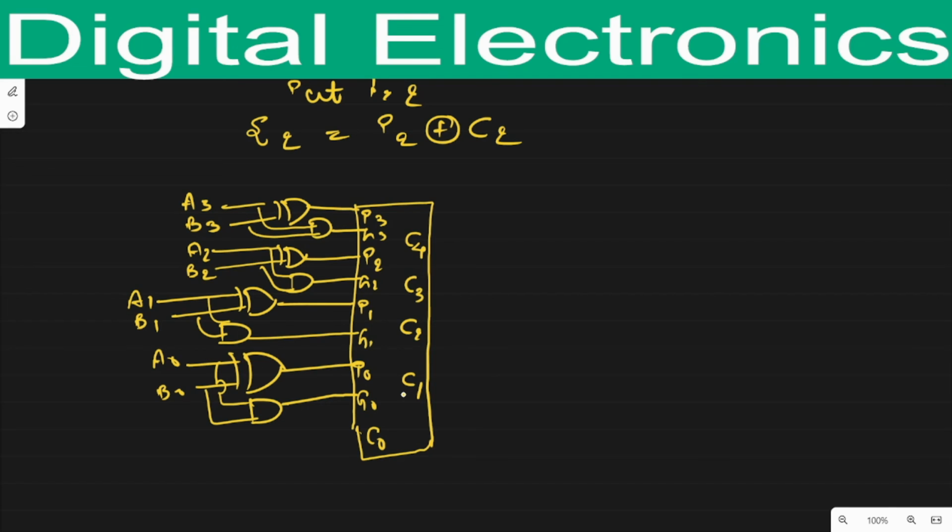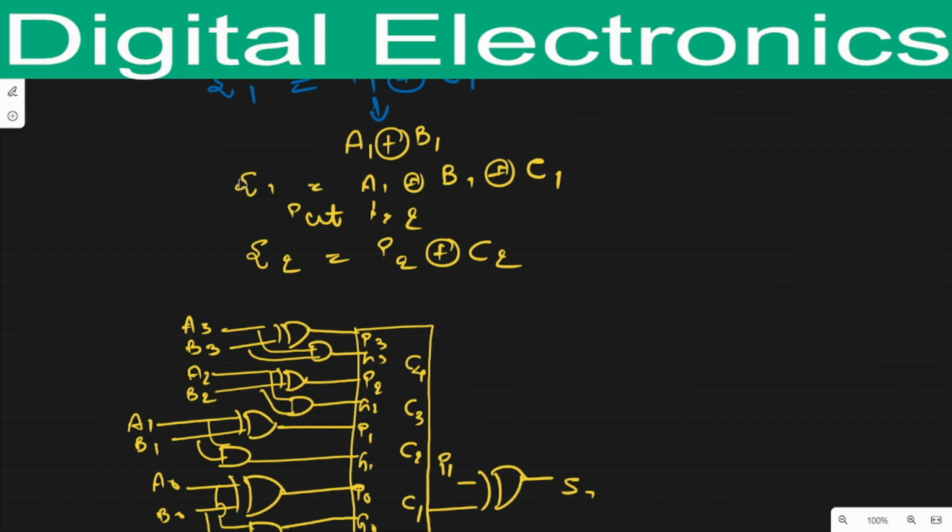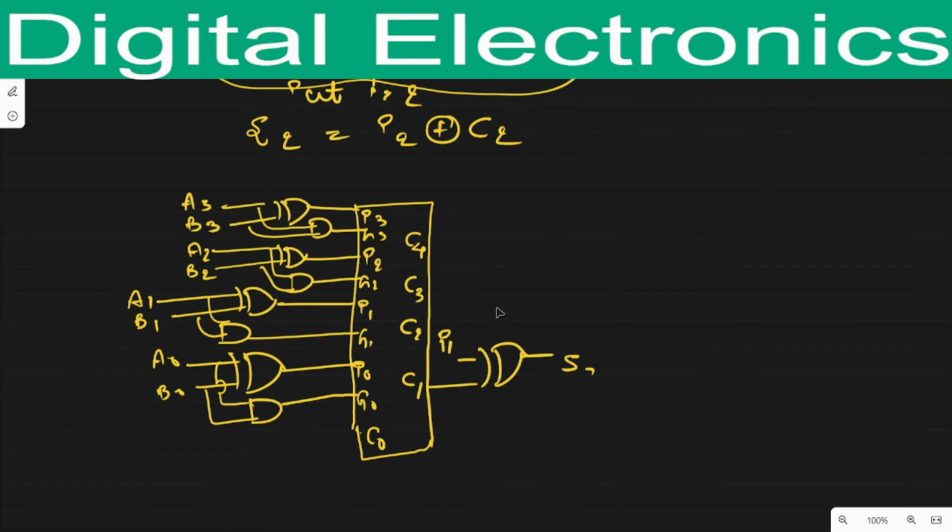So how can we calculate the sum? Sum is A XOR B XOR C, that is P1 XOR C1. From this end we will get P1, and P1 XOR C1 gives S1. We can easily see this in our expression, A1 XOR B1 XOR C1. So by using the above equations we can implement this logical diagram.